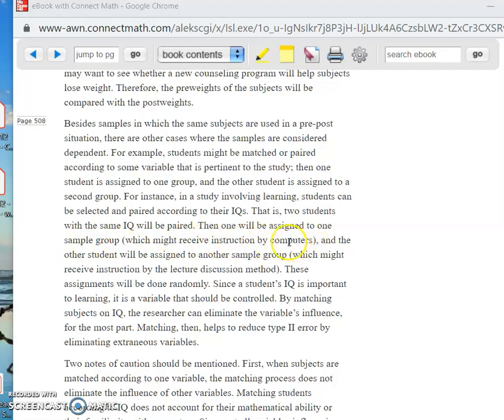So maybe John is learning by way of Canvas, and Susie is in a different group. She is going to the traditional classes, the traditional lecture and discussion method. Okay? So these are the two groups, the Canvas group and the traditional group.